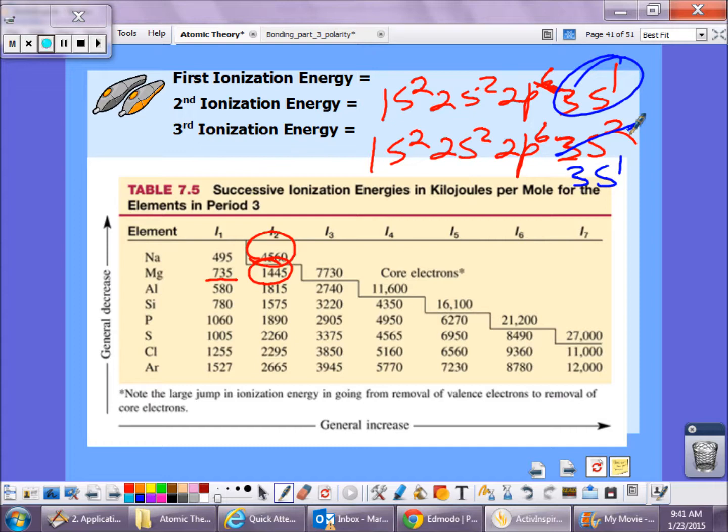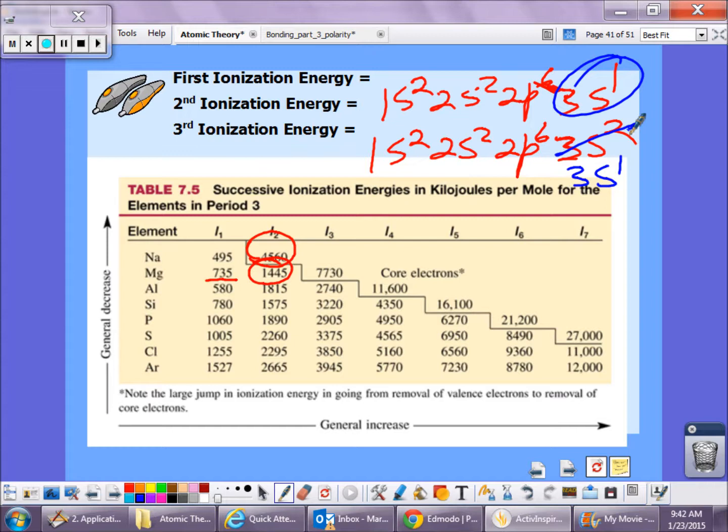Now, the second ionization energy of sodium, I'm removing it from the 1s2, 2s2, 2p6, which is, number one, the second level now. Number two, it is a full energy level. I'm removing it from core electrons. Much, much harder to remove an electron from the inner core electrons.